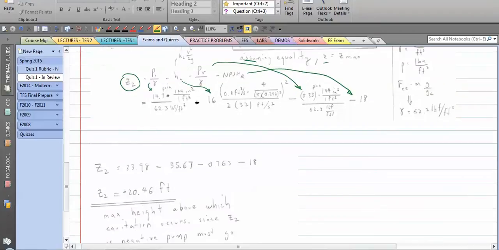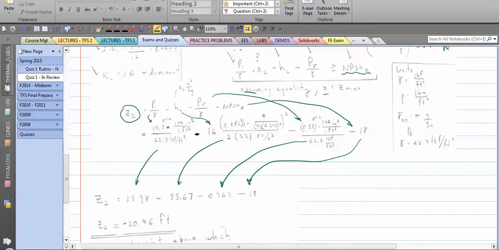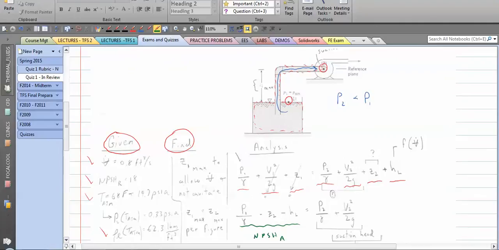We solve for Z2. Each unit is in feet. We come up with a negative value. What would a negative value mean? If it's not positive, it means that the location of this pump, instead of being above the reservoir, is below the reservoir. So the actual location of this pump is below this reservoir.